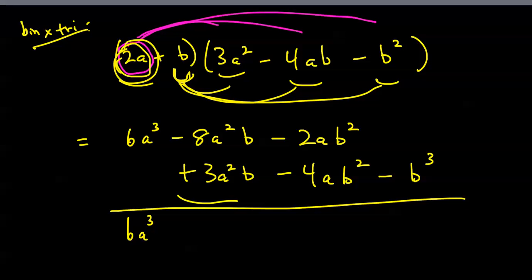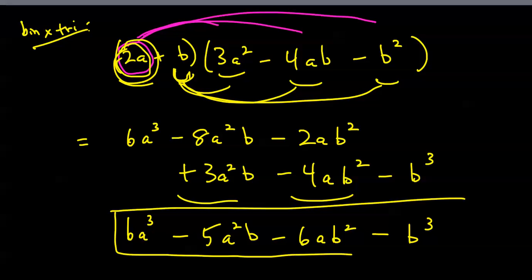Minus 8a squared b plus 3a squared b is going to be a negative 5a squared b. Adding this column, I'll get a negative 6ab squared, and minus b cubed carries down to your final answer. There's my final answer: 6a cubed minus 5a squared b minus 6ab squared minus b cubed.